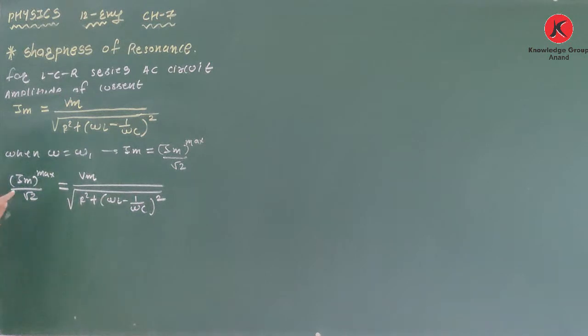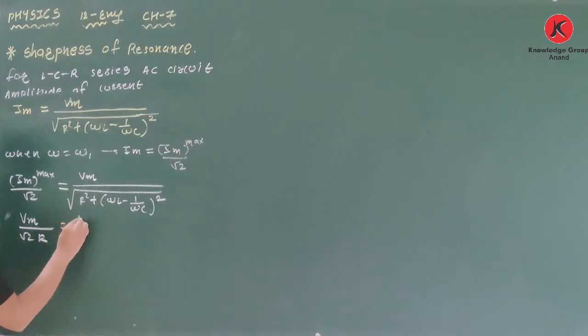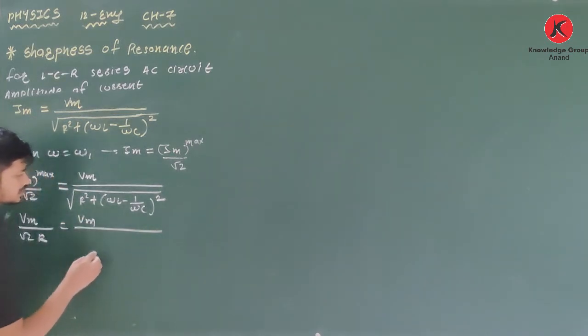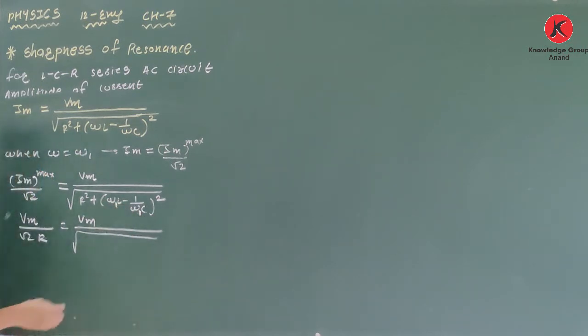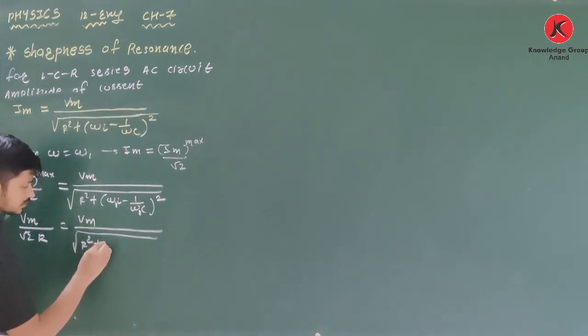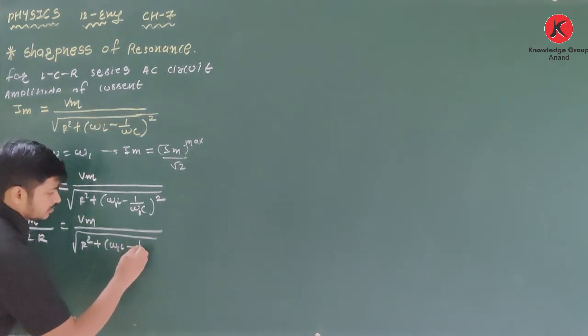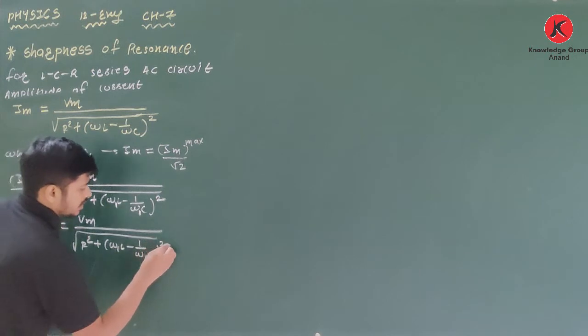We also know that Im maximum is equal to Vm upon R. So Vm upon root 2 R is equal to Vm upon under root R square plus omega 1L minus 1 upon omega 1C whole square, replacing omega by omega 1.